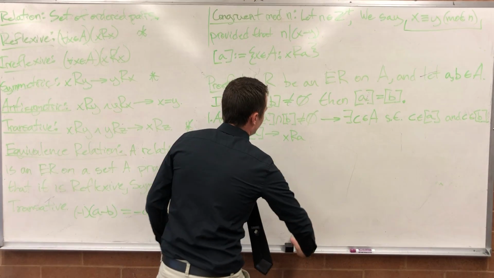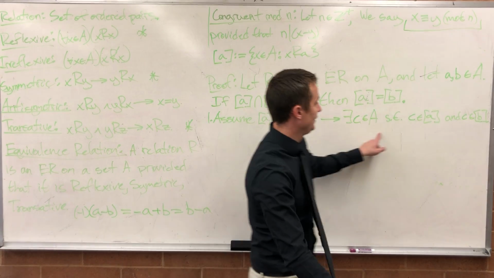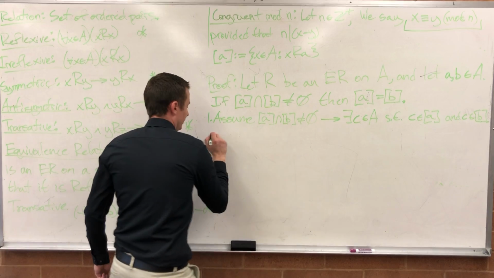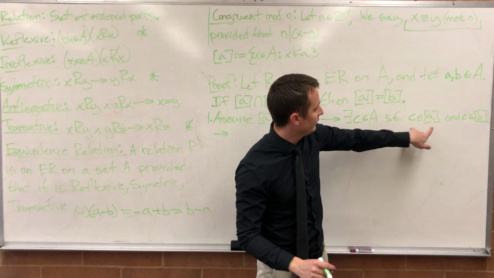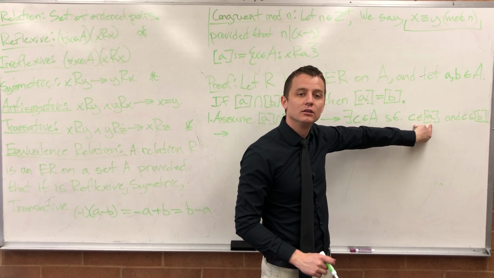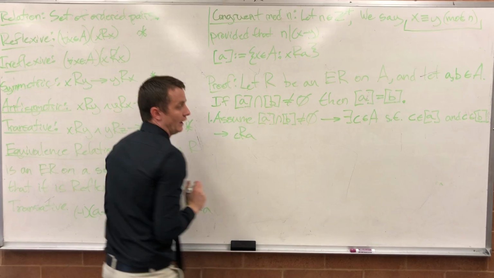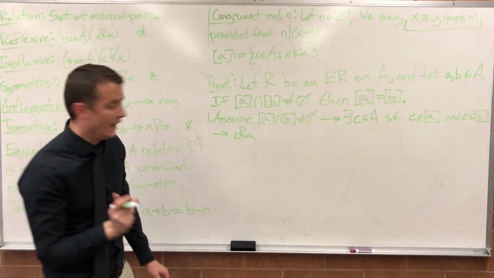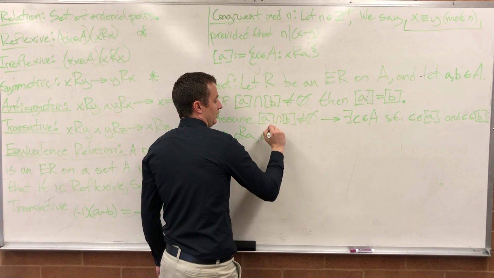Maybe before we go there, let's expand a little bit upon what this right here gives us, so that you can make these connections yourself rather than me just saying it. If c is in A's equivalence class, what does that mean? That c is related to A. And we also know that A is related to c.